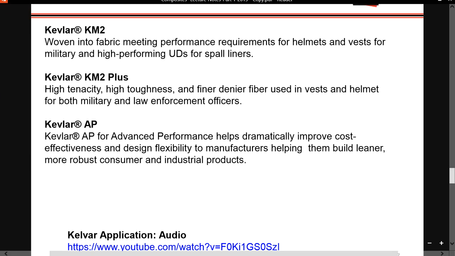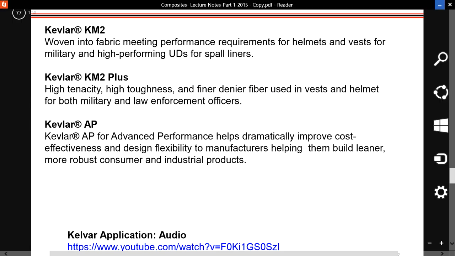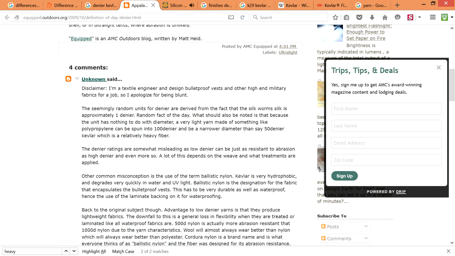With finer denier fiber, this means it's going to be heavier, because it can be spun into 100 denier with a narrower diameter. Narrower diameter means your diameter is smaller, I believe. So with a smaller diameter, you compact everything together.